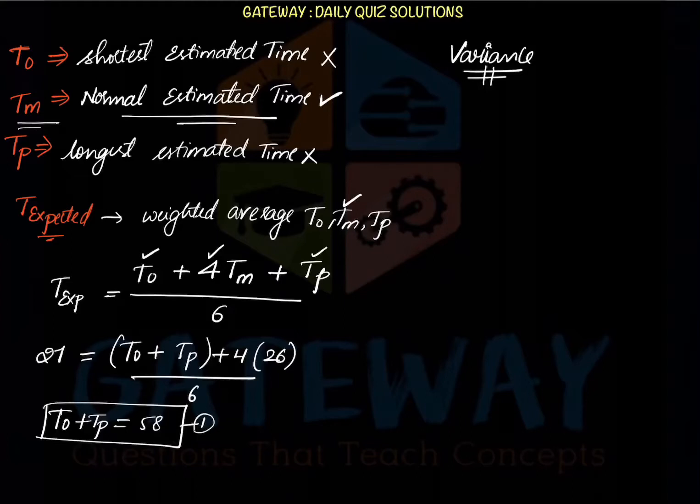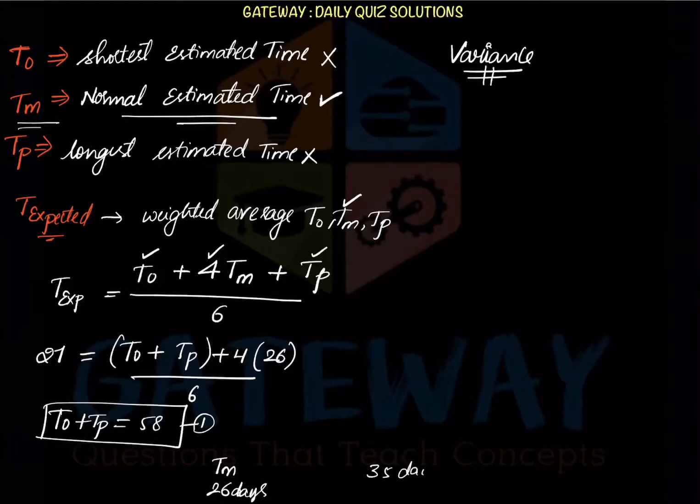And generally here in this case, suppose TM is here, it is 26 days, given in the question, and we said T pessimistic is the longest time. I am taking it somewhere like 35 days or maybe more than that. And T optimistic, we want to make it very short, so I will be taking it as 15 days.